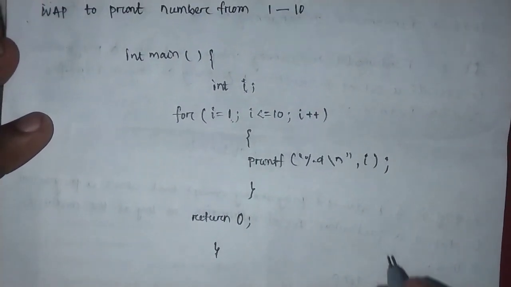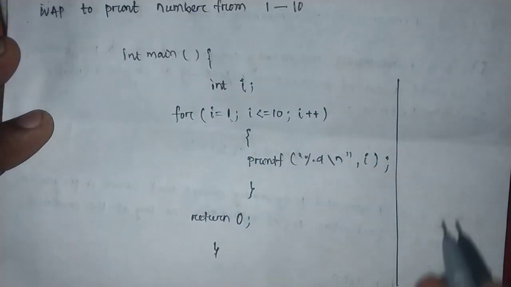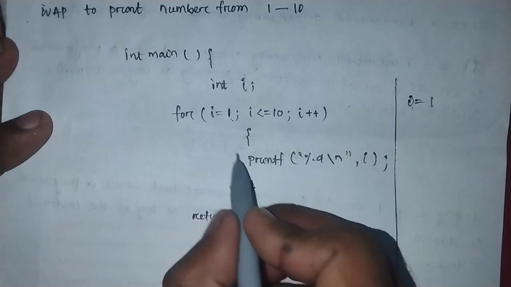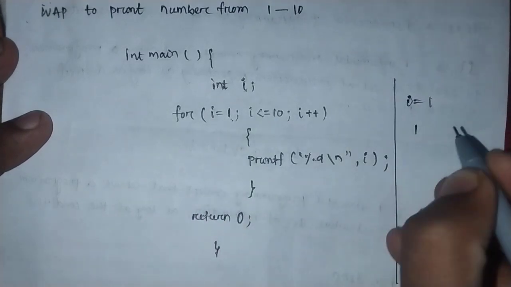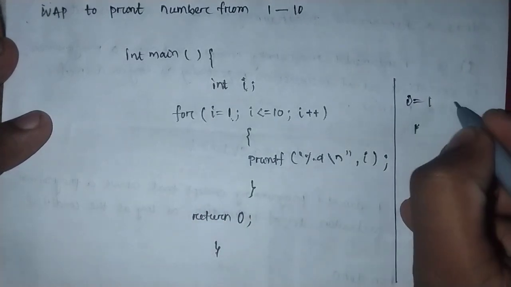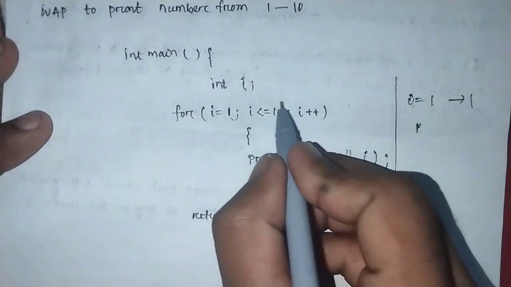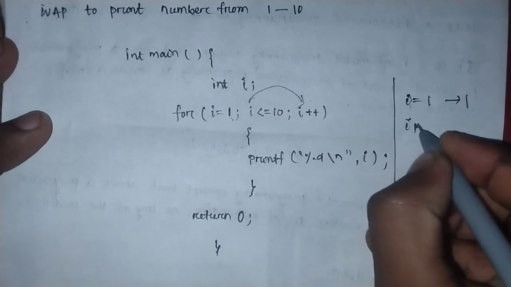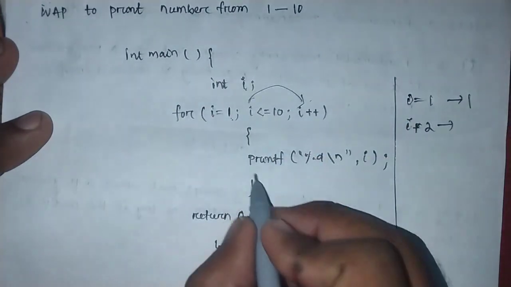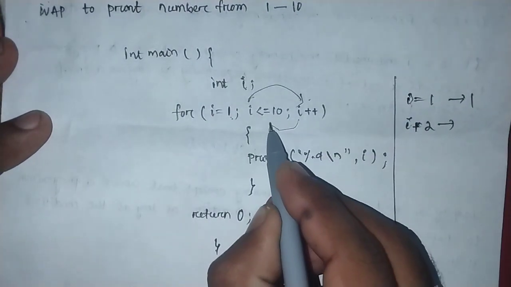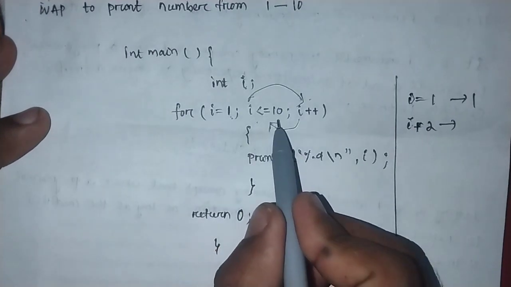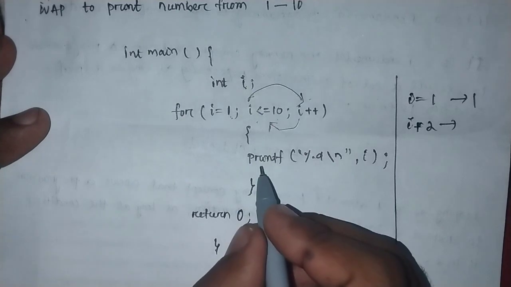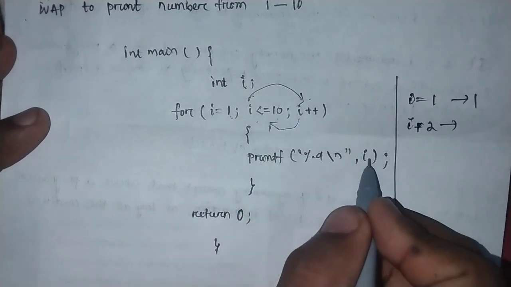Here the output will be, in the first iteration, i equal to 1. For i equal to 1, it will print 1. After that it will increment, so i will be 2. Then it will evaluate, is 2 less than 10? Yes, true. Then it will go to the curly bracket, so it will print i.